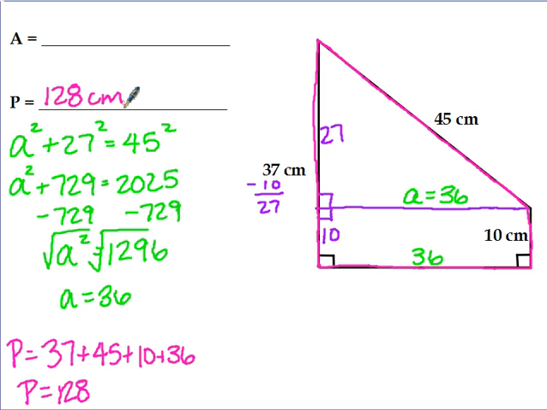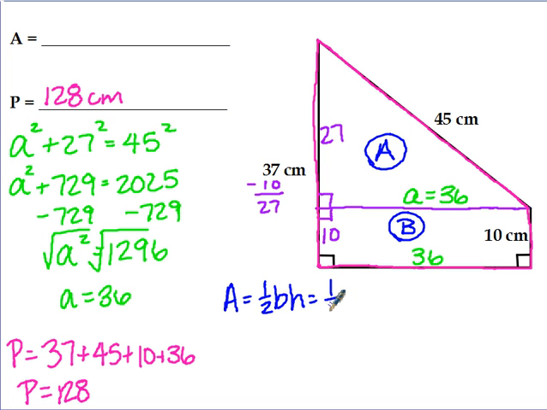Okay, and then now for my area, I have to do the same thing. I'm going to have A and B. A is a triangle, so that's 1/2 base times height. So that's 1/2 36 times 27. And that's going to be 486.